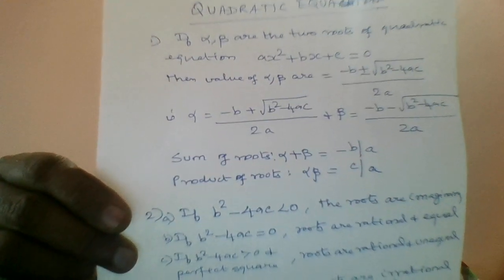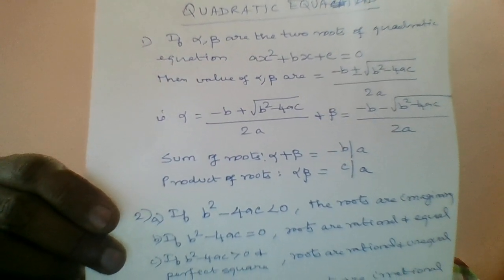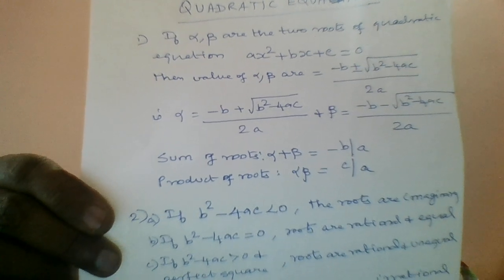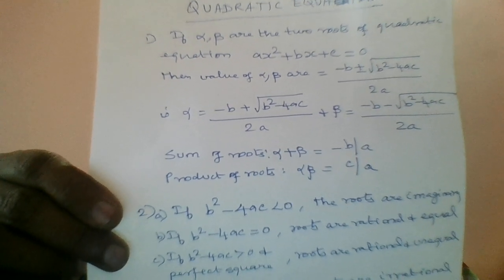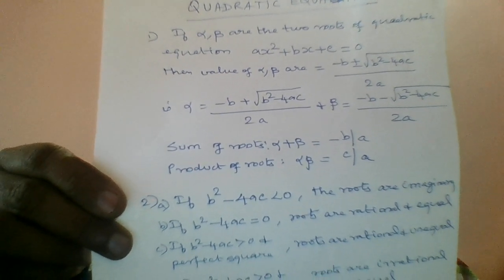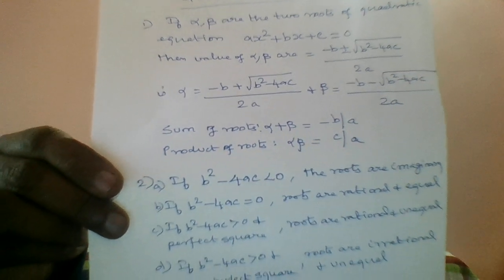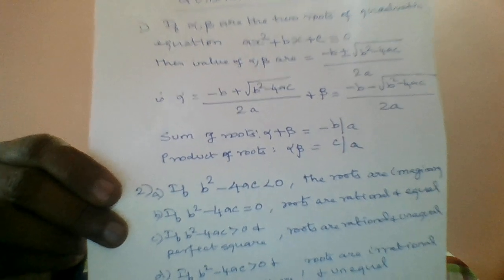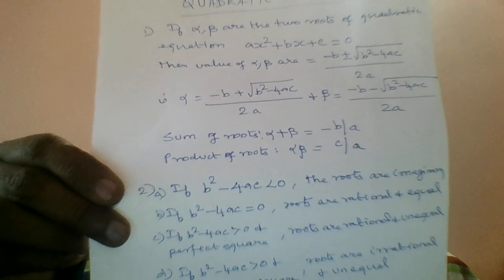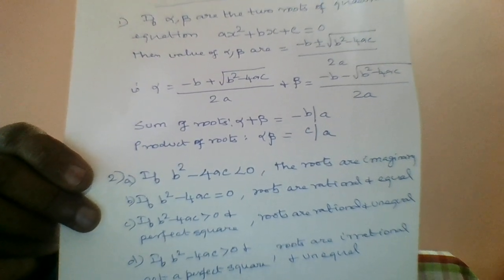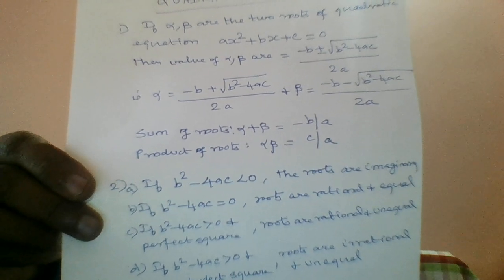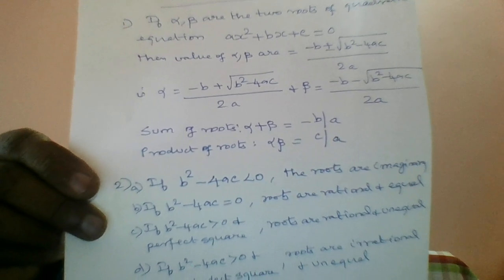The sum of the roots, that is alpha plus beta, is equal to minus b by a, and the product of the roots is equal to c by a. If b^2 minus 4ac is less than 0, then the roots are imaginary. If b^2 minus 4ac equal to 0, the roots are rational and equal.